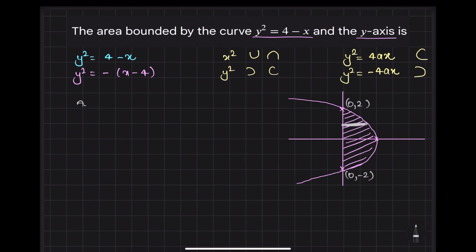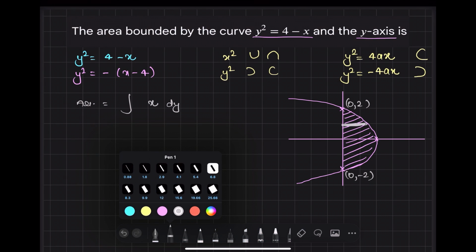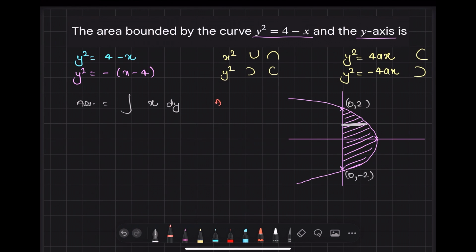So area is integration of dy. So here if it is dy, I should write x. Now suppose that we are not comfortable with this, and we are comfortable with x, because you have solved infinite numbers of questions with respect to dx.